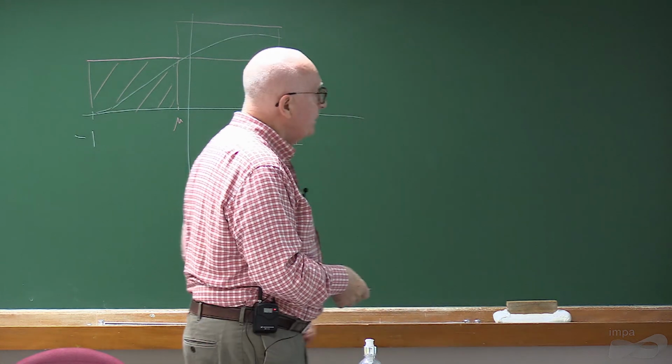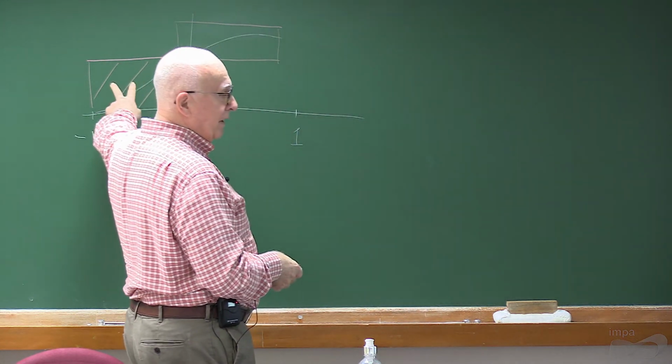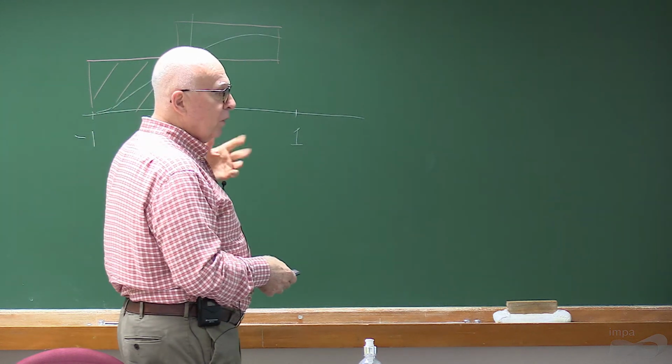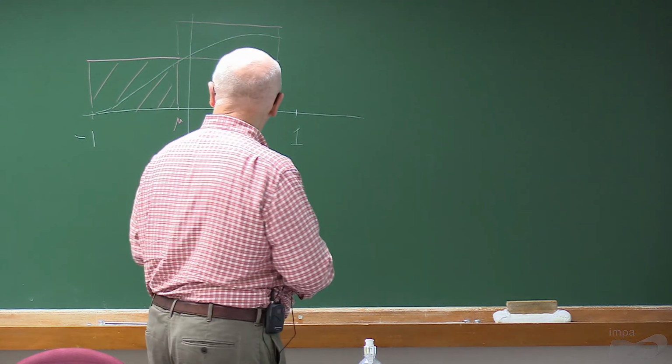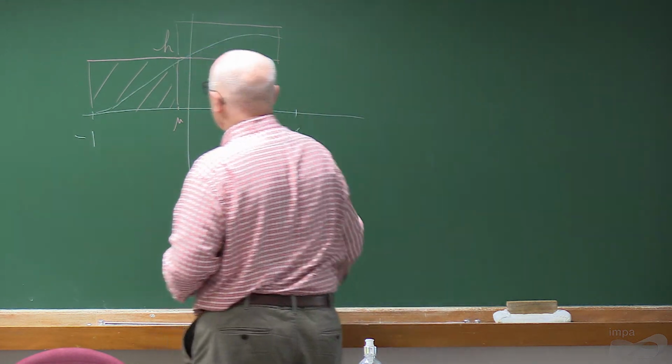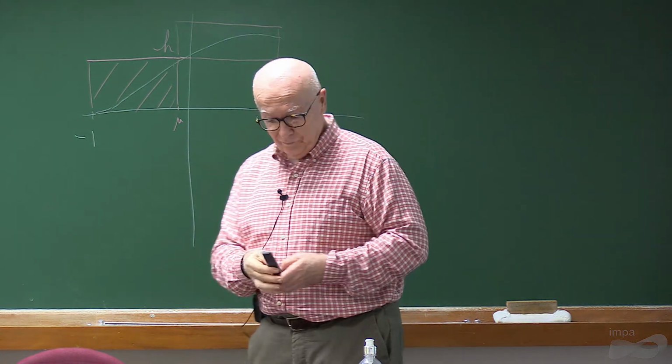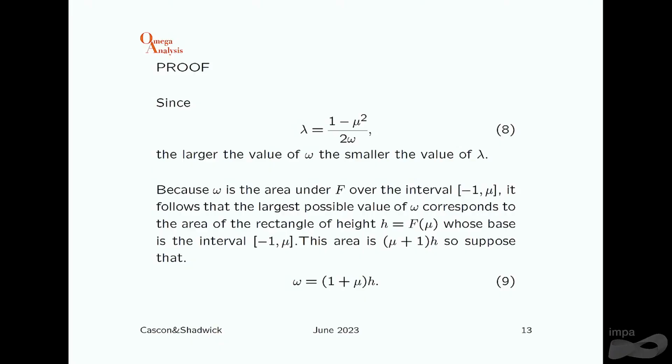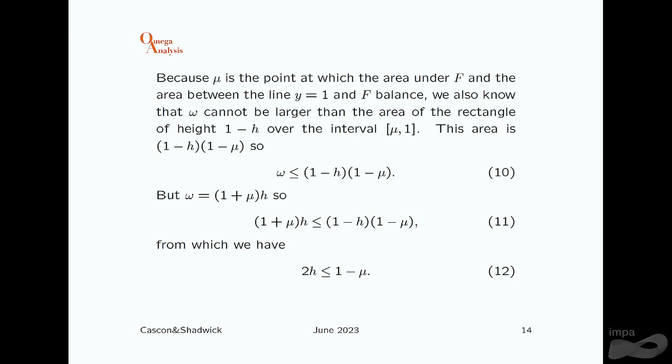So this area could be as big as 1 plus mu times h, where h is the height at which we hit the mean. Okay. So let's assume that that's the worst case. But these things have to balance at the mean. So the ohm can't be bigger than this rectangle either.